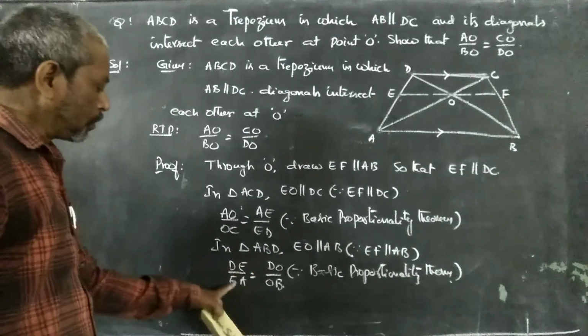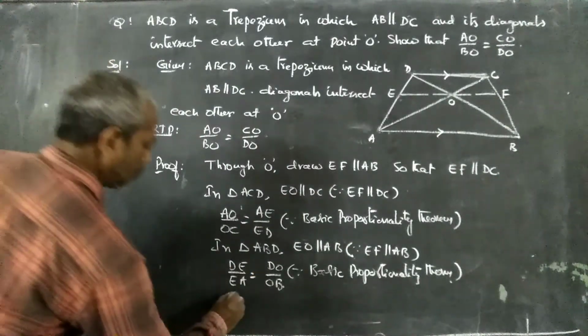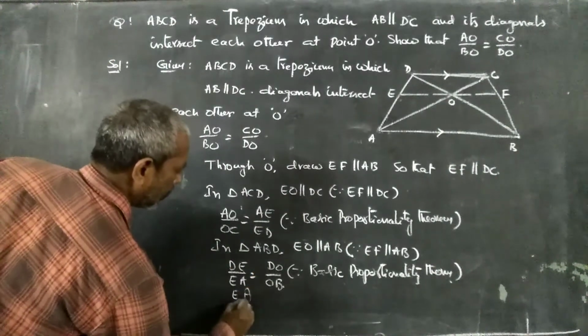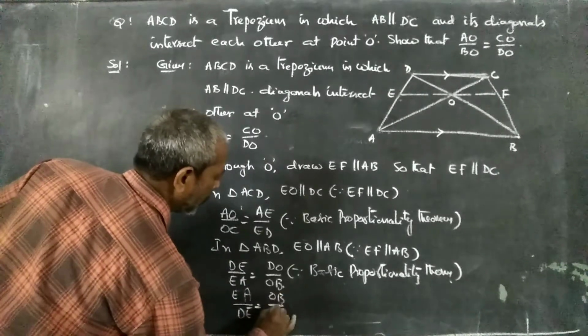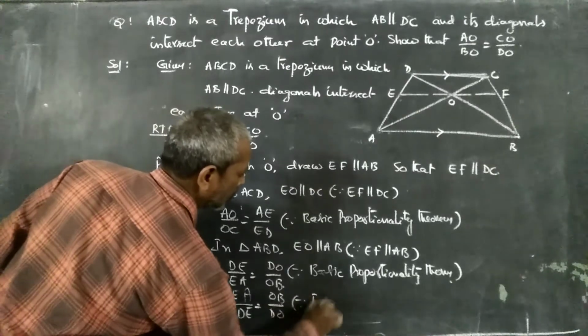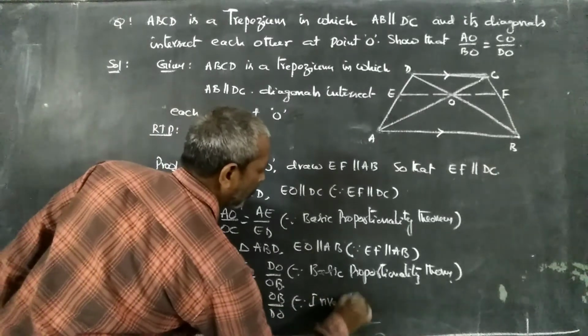Now, taking the inverse of this ratio, that means EA by DE is equal to OB by DO.